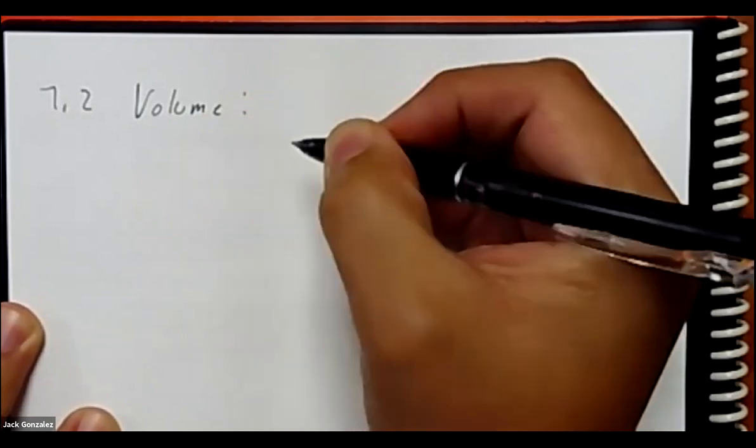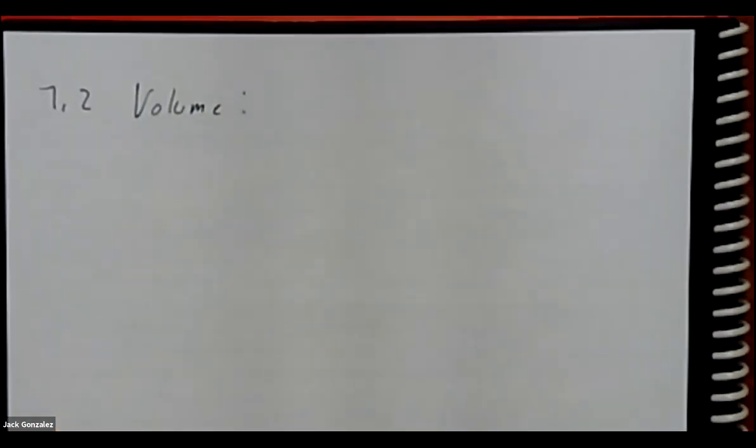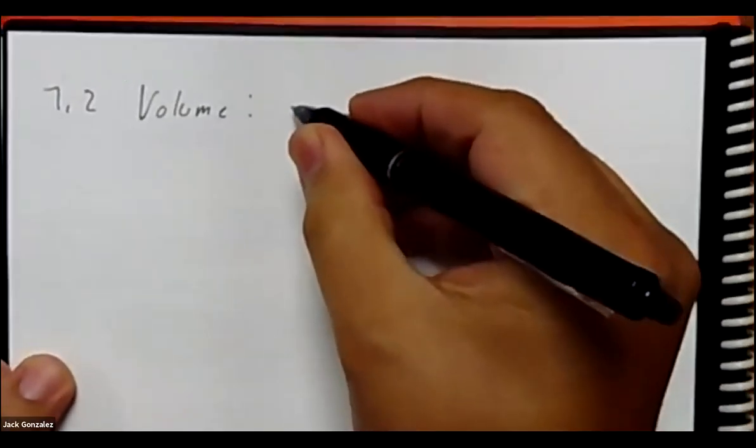Volume. So in the last section we did the area, so now we're going to do volume. It'll be very similar, except we're going to rotate that little section. Remember how we had a section between two curves? Imagine spinning that and creating a solid. That's where we're headed.